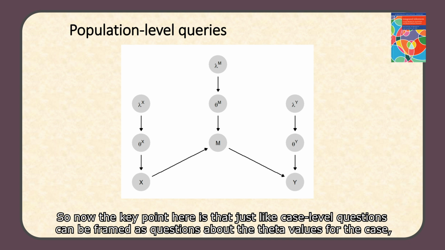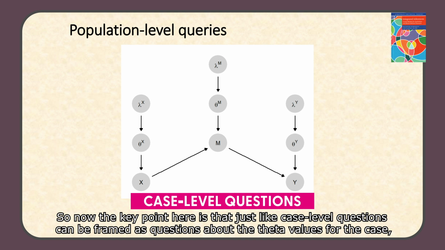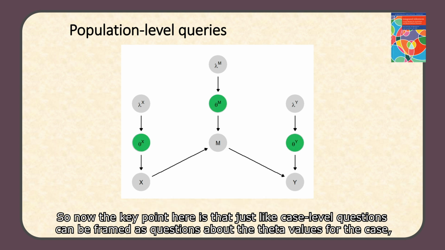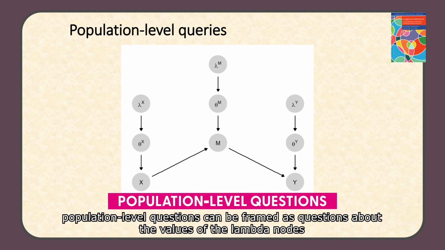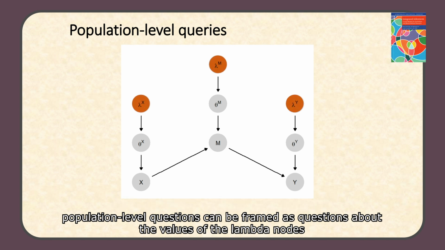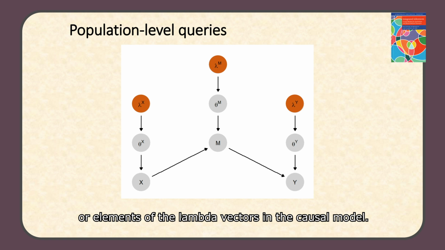Okay, so now the key point here is that just like case-level questions can be framed as questions about the theta values for the case, population-level questions can be framed as questions about the values of the lambda nodes, or elements of the lambda vectors in the causal model.